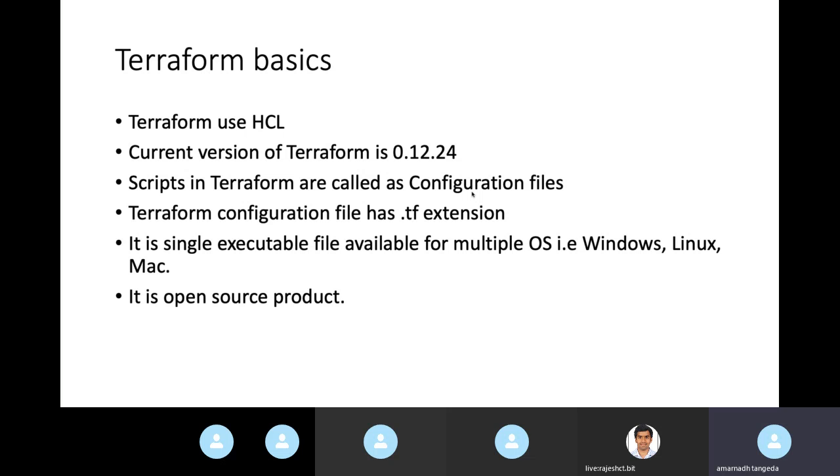Terraform is a single executable file. When you download from the HashiCorp site and extract the file, it's a single exe file. Terraform supports multiple OSs: I can install on Mac, Windows, Linux, whatever the OS. It's an open source product.